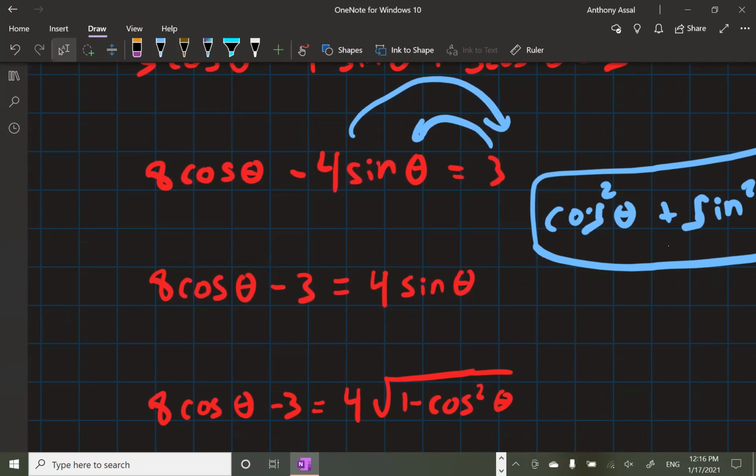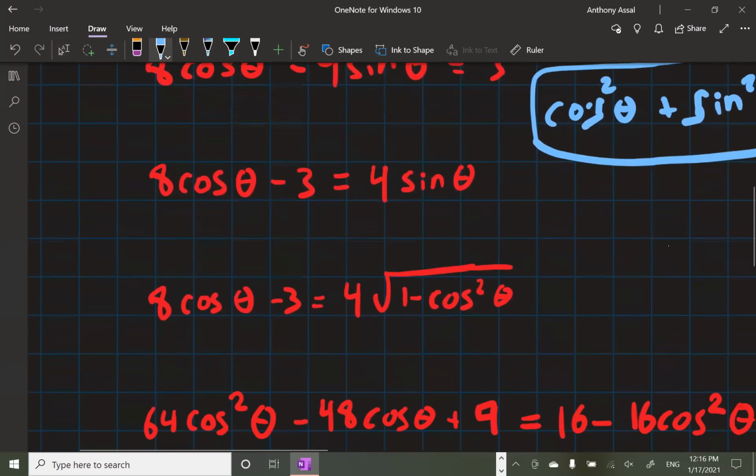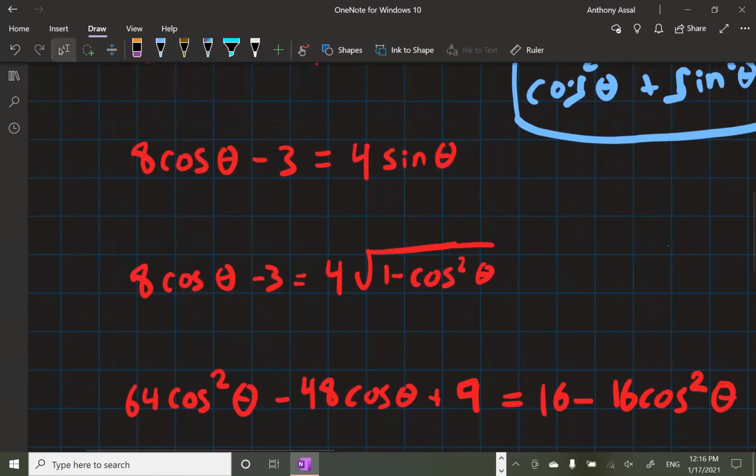And now, to get rid of that little square root symbol, we'll just square both sides. And this equation expands again: 64 cosine squared theta minus 48 cosine theta plus 9 equals 16 minus 16 cosine squared theta.